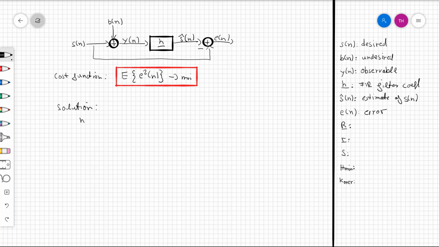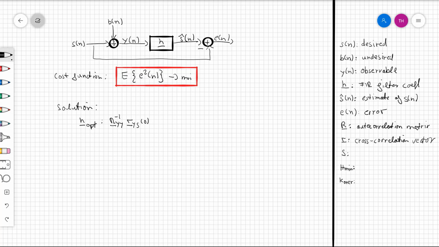And in the time domain, then our optimal filter coefficients h opt are given by RYY and the inverse of that times RYS at 0. And capital R is the autocorrelation matrix. And the lower case r is the cross correlation, not matrix, but vector.